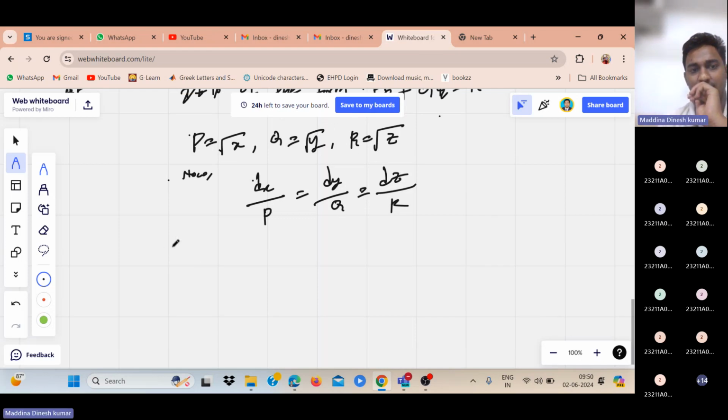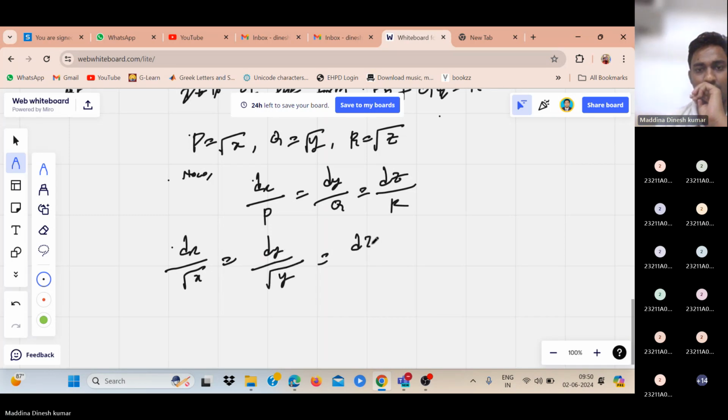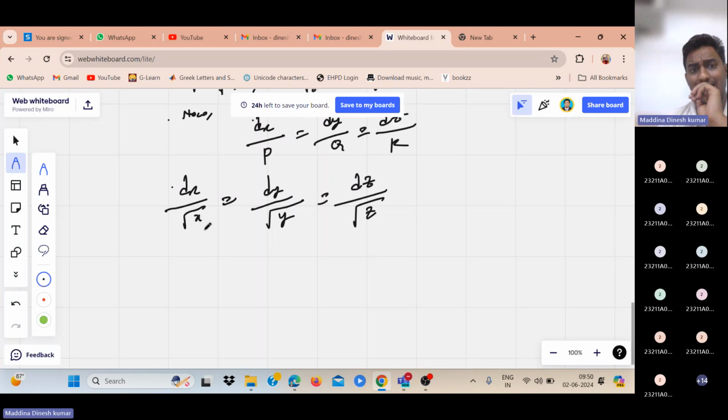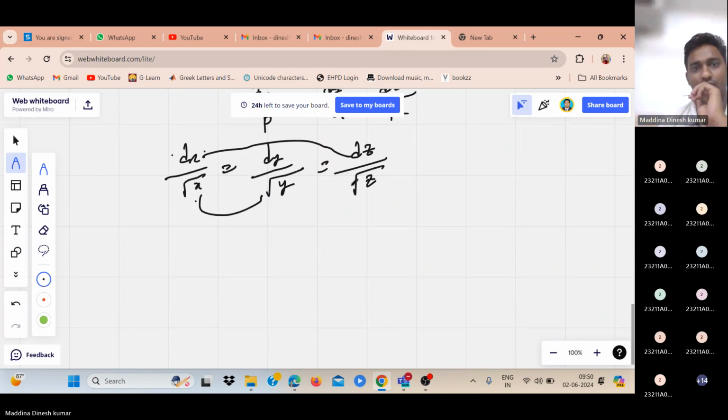So here we will get dx by square root of x, dy by square root of y equal to dz by square root of z. Now equating fractions 1 and 2, and 1 and 3, we will proceed as follows.